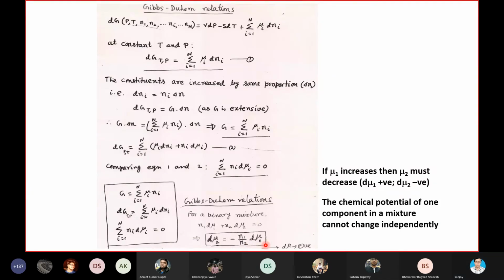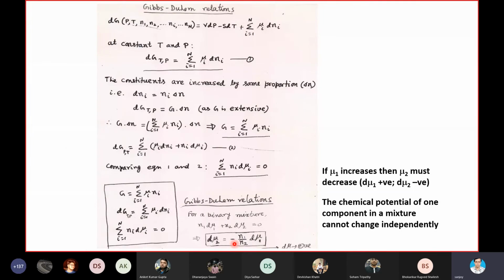Now see this. What does it mean? Suppose I change mu1, that means for component number 1 you change its chemical potential. Then d mu1 is positive, but d mu2 is negative.